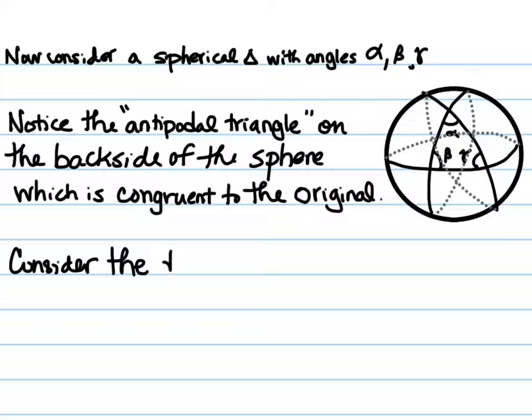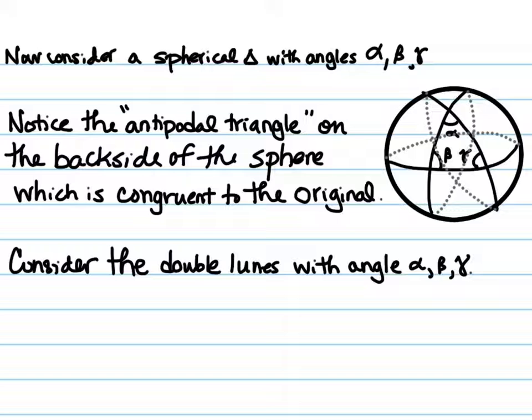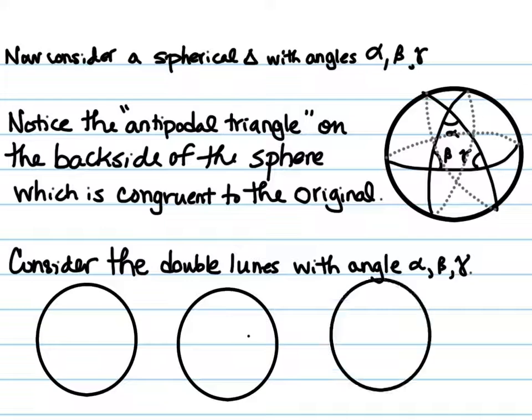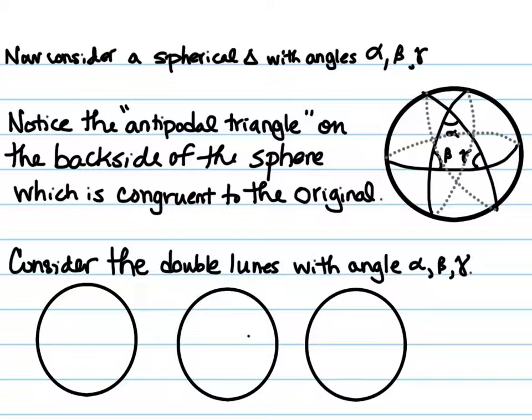So consider the double lune with each of these pairs of great arcs or great circles, which create the angles, with angle alpha, beta, and gamma. Here's alpha up here at the top.